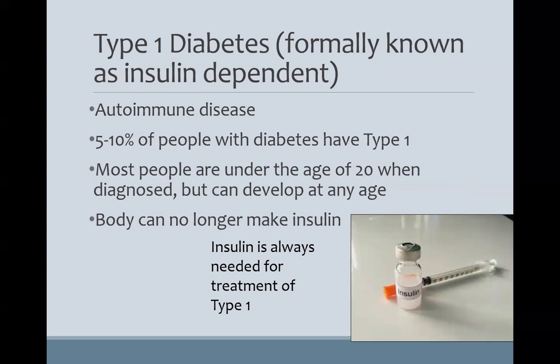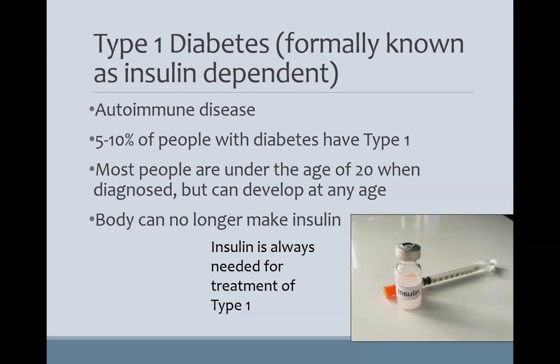Type 1 diabetes, formerly known as insulin dependent, is an autoimmune disease. About 5 to 10% of people diagnosed with diabetes have type 1. Most people are under the age of 20 when first diagnosed, but it can develop at any age, although it's not as common. The body can no longer make insulin.